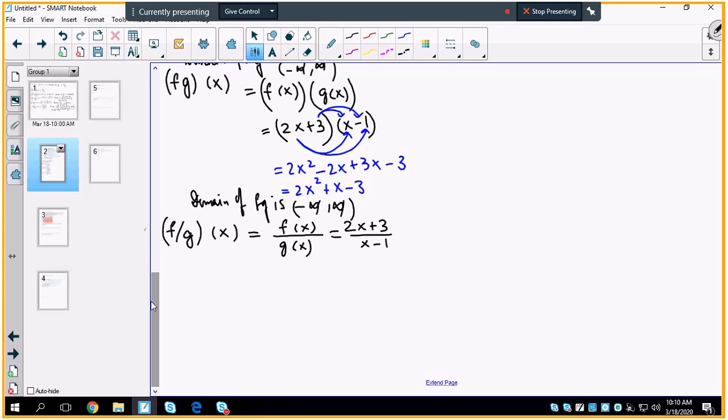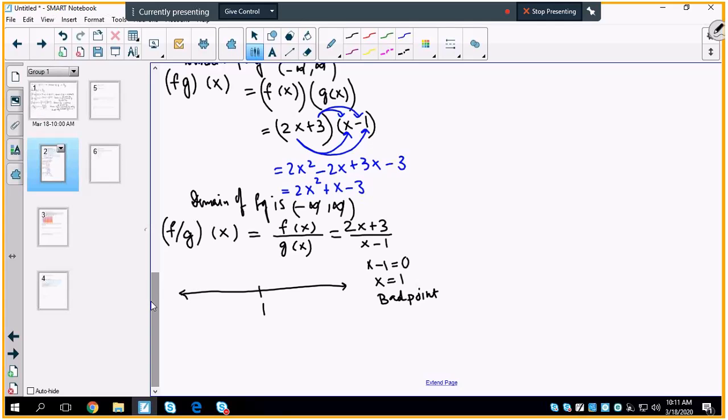Now we will think about the domain. Remember, this time I need to do a little extra. I know the overlap of the domain is everything. But then I know x minus 1 should not be equal to 0. So let's force x minus 1 to be equal to 0. And I would know x equal to 1 is the bad point. So whatever the overlap was for the last three exercises, discard the point 1 from it.